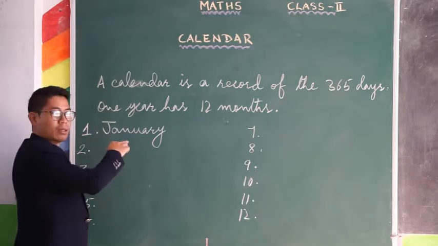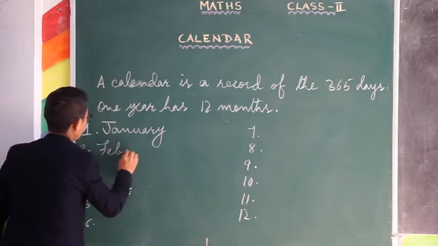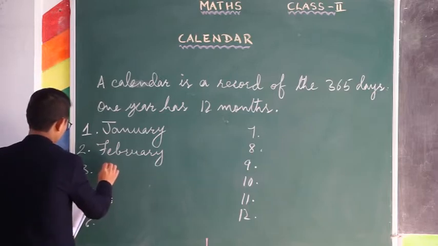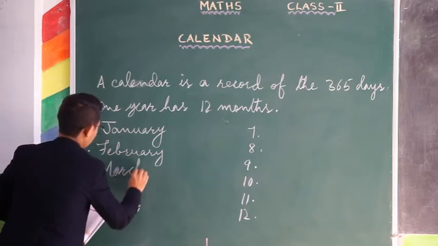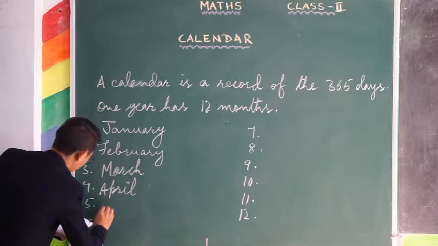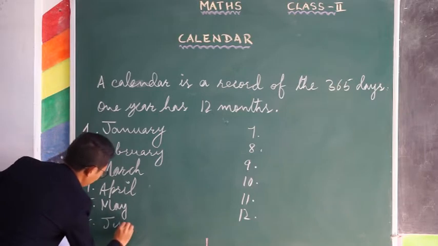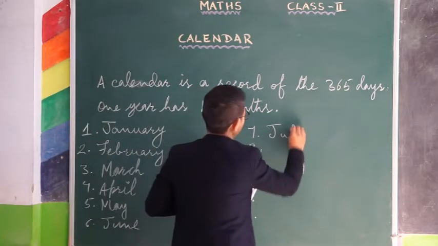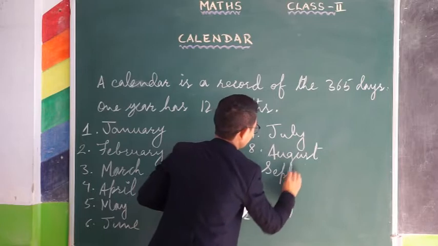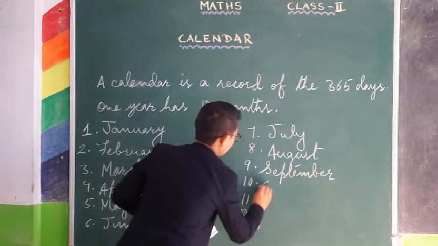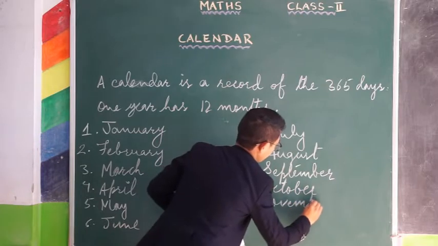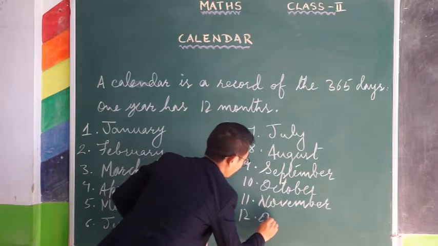So first month is January, second month is February, third month March, fourth April, fifth May, sixth June, seventh July, August, September, October, November, and last month is December.